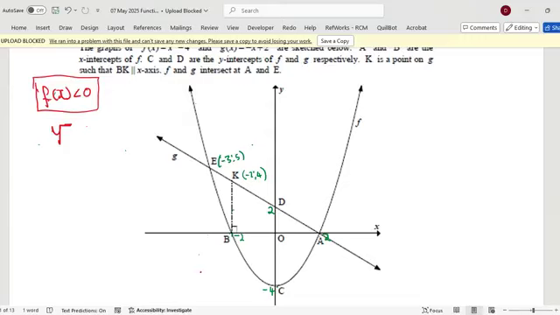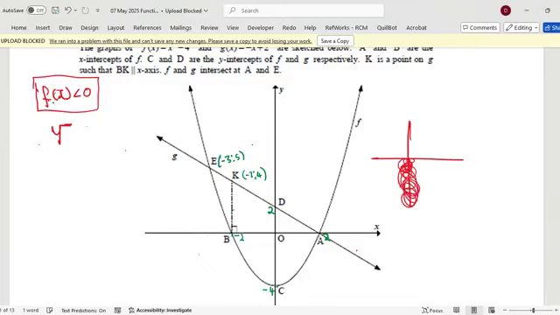Now the problem is, where is y negative on the Cartesian plane? Someone says quadrant 3 and 4. Thank you. In quadrant number 3 and quadrant number 4, y is negative.